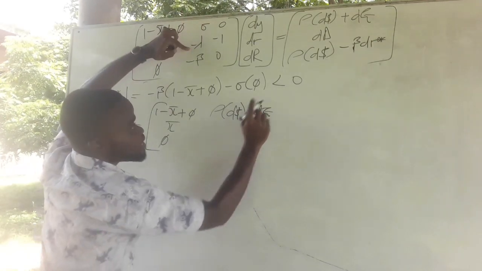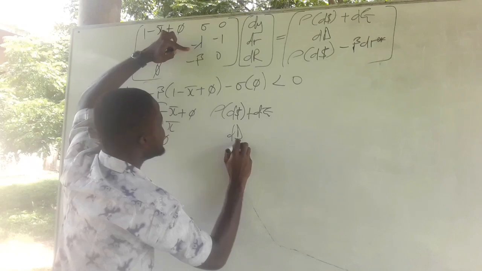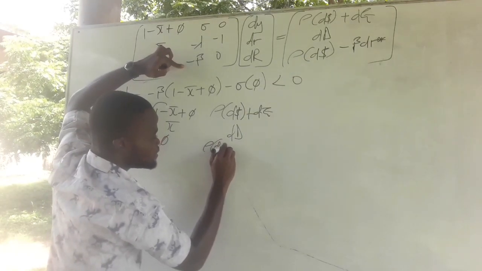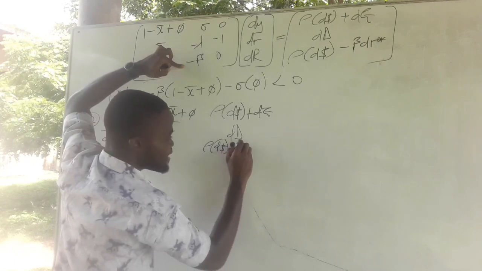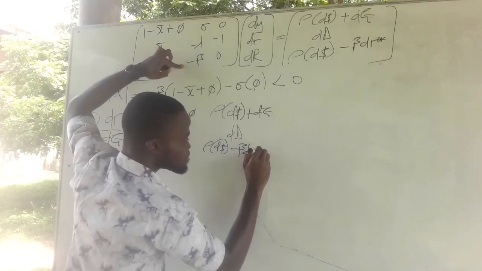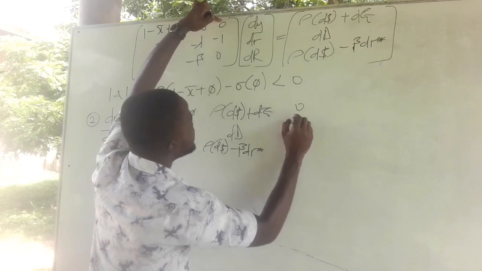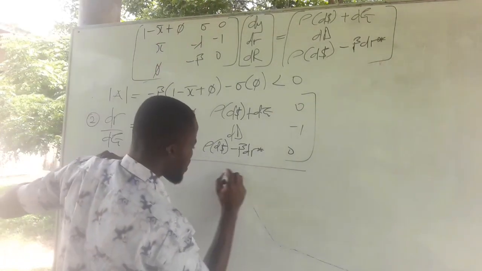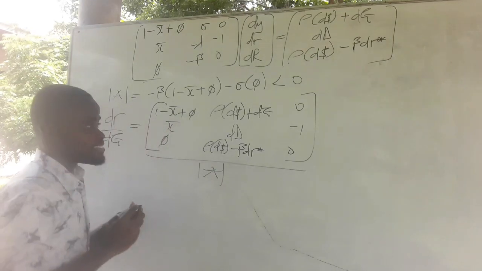Instead of negative lambda, we replace it with d, big D. Instead of minus beta, we replace it with rho the dollar sign minus beta the r star. Then we bring our last column here, giving us the new matrix, all divided by our determinant.